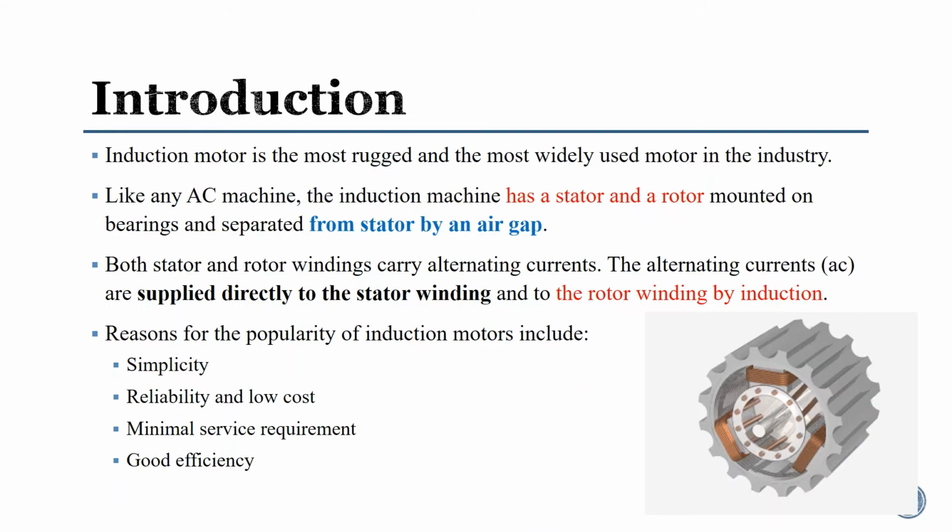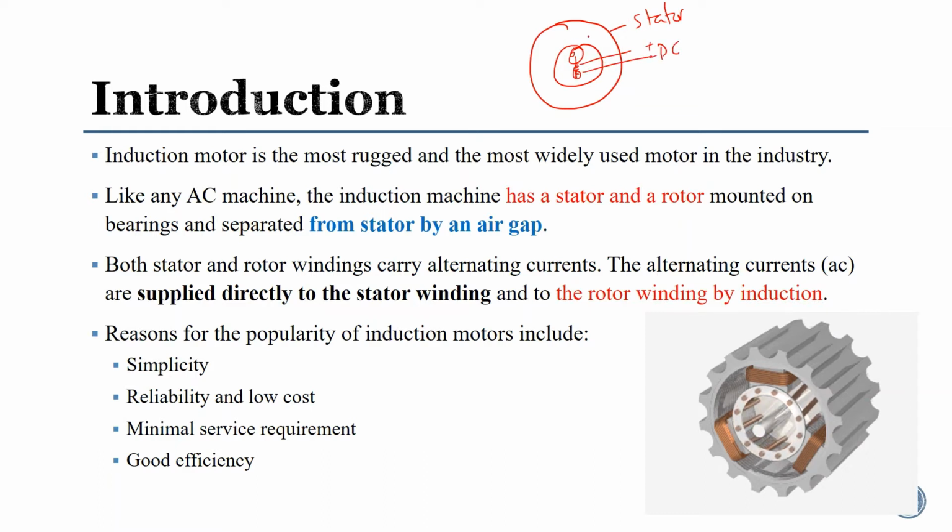Basically, the structure of the induction motor is similar to the synchronous motor. In the synchronous motor, we remember that we have a stator, and the induction motor will also have a stator, and we have one rotor. In the synchronous motor, this rotor has the field winding. We are supplying DC power to this one.